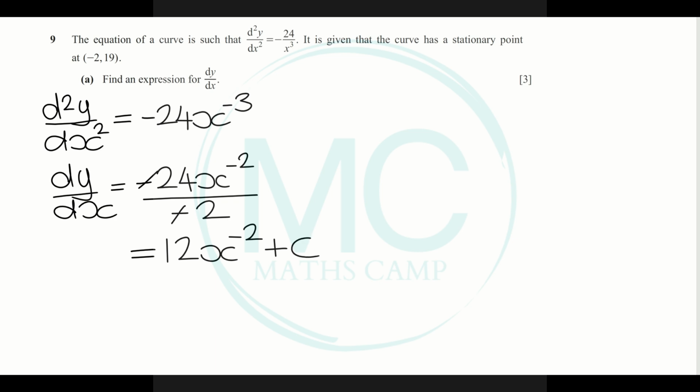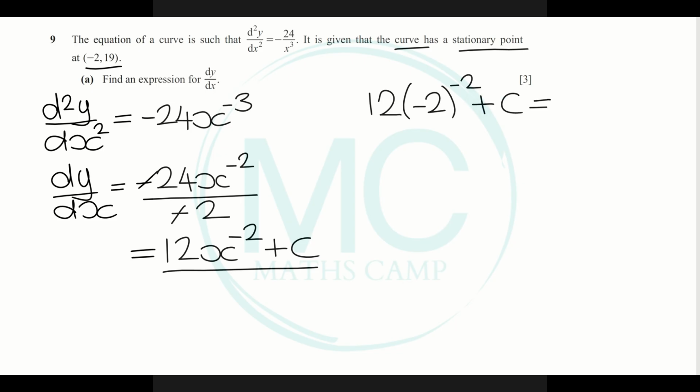The question also tells us that the curve has a stationary point at (-2, 19). This means that the equation for the derivative, this one over here, is equal to 0 when x is -2. And I'm going to use this to find the value for c. So I'm going to say 12 times -2 with an exponent of -2, plus c, is equal to 0.